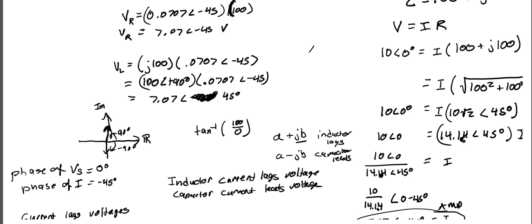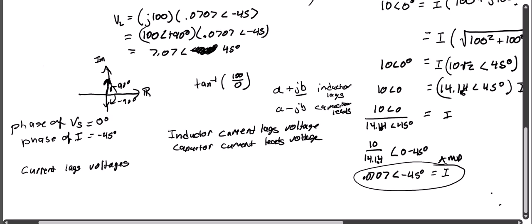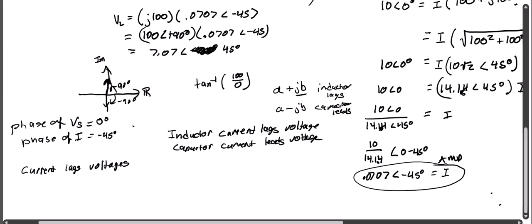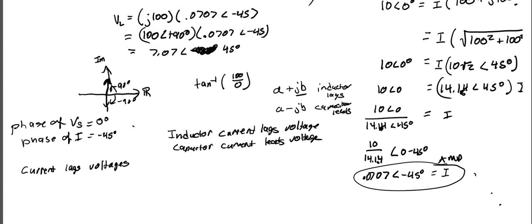I was just talking about the phase of the source and the phase of the current. The phase of the source was just from the problem, and the phase of the current we had solved for over here. I didn't use the VL and the VR. Any other questions?